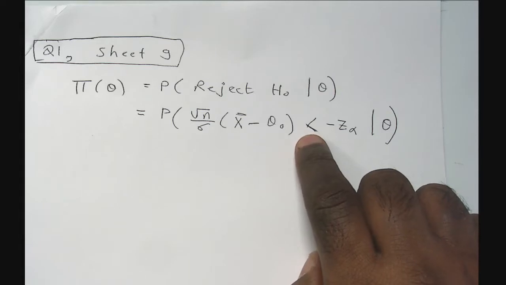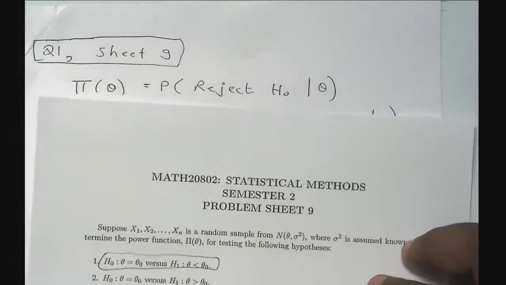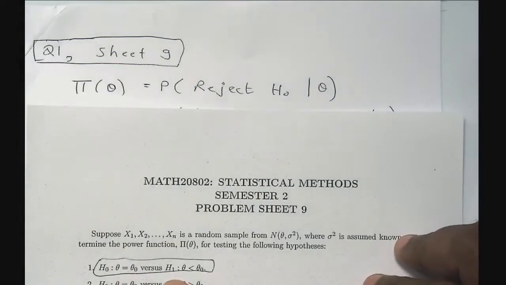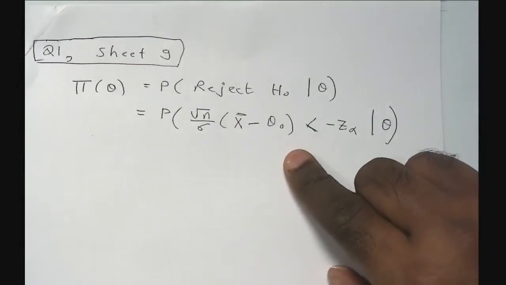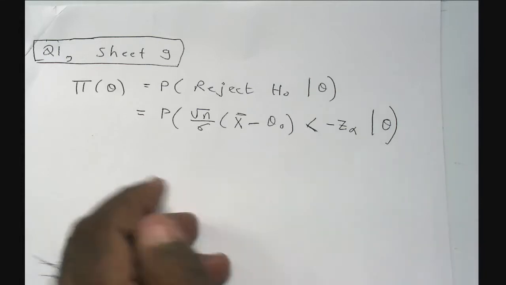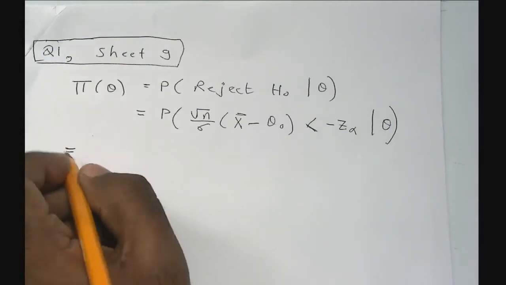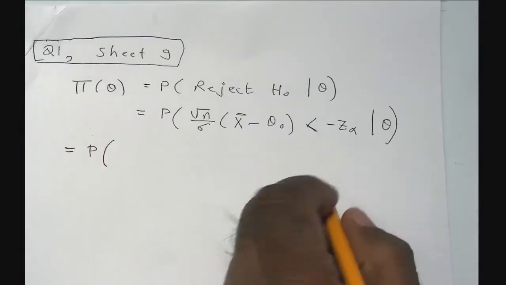You have to look in the notes, because we are trying to test the hypothesis theta equal to theta 0 versus theta less than theta 0. The corresponding rejection rule is this one. It's in the lecture notes on page 21.